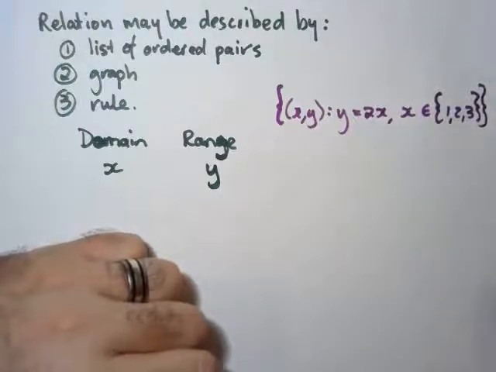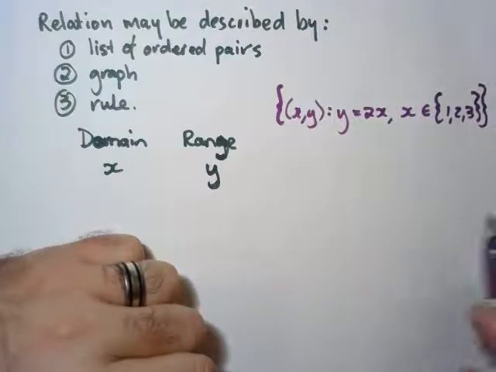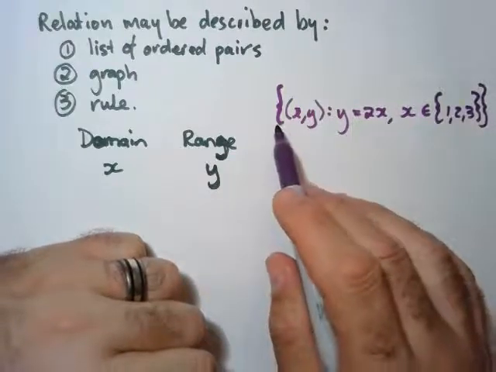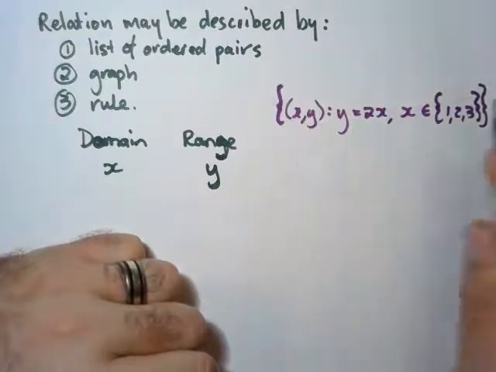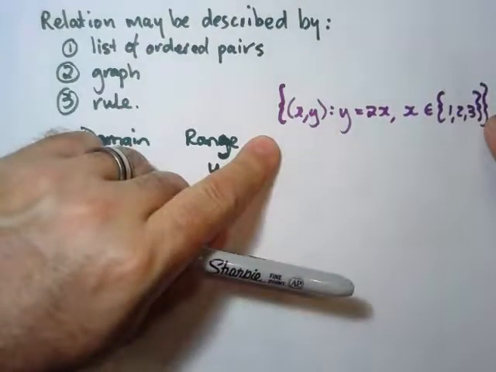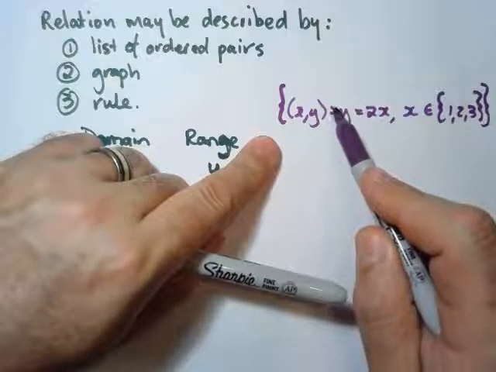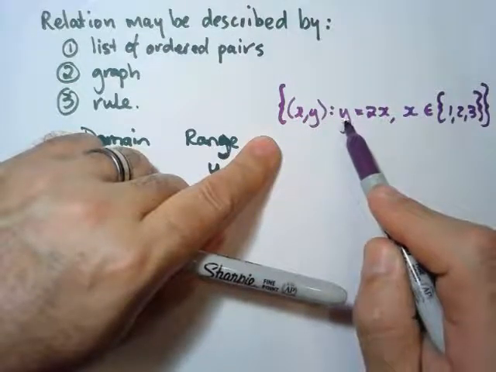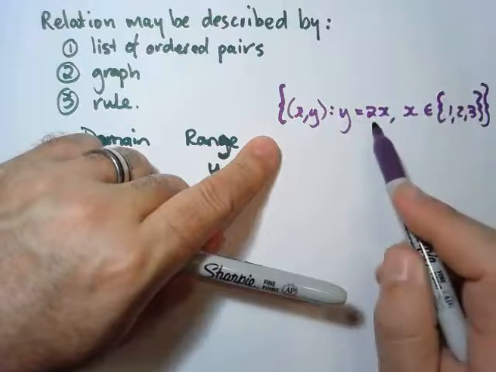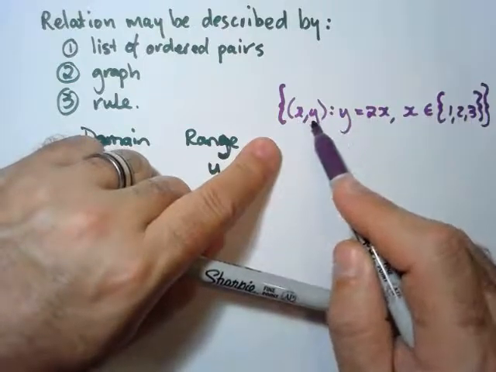Now that looks very complicated, but it's not. We will say that this indicates the set of values where my variables are x and y, such that y equals 2 times x. So that will give us the relations between these two variables.